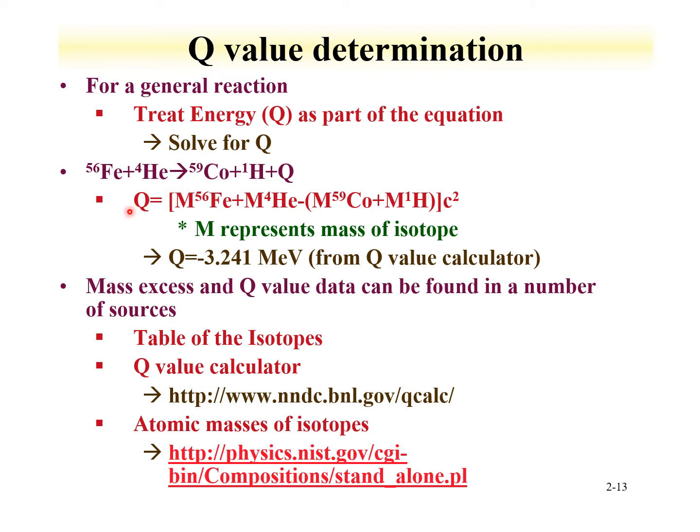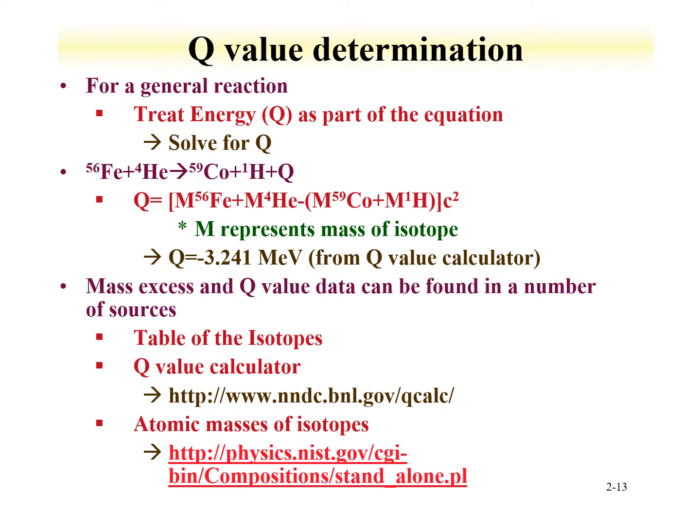Well, we can write the Q value. It's the mass of the products minus the mass of the reactants. We have the mass times c squared, which makes it into energy. With the Q value calculator, which we'll talk about, I can enter this information and out comes a value.